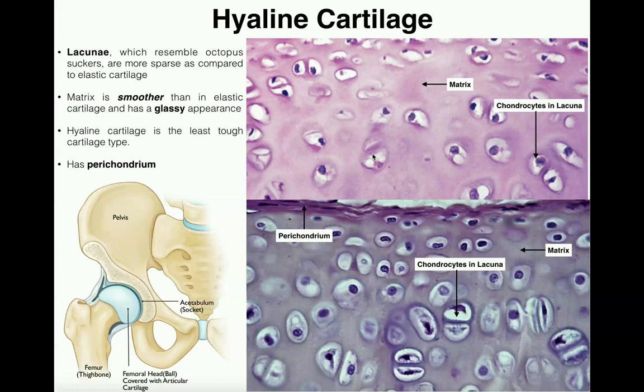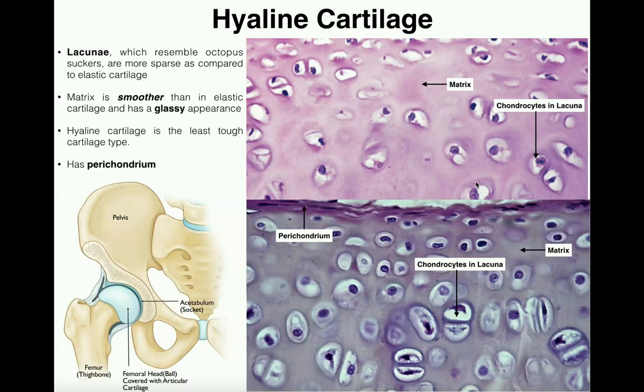The first type of cartilage is hyaline cartilage. And so, like I said, the thing you should look for are the lacunae. I think that they kind of resemble octopus suckers. Some people think they might look like sushi, looking from the side. But in any case, you need to look for those lacunae with the chondrocytes. In hyaline cartilage, these lacunae are more spaced apart.